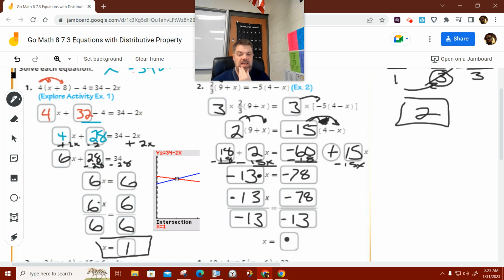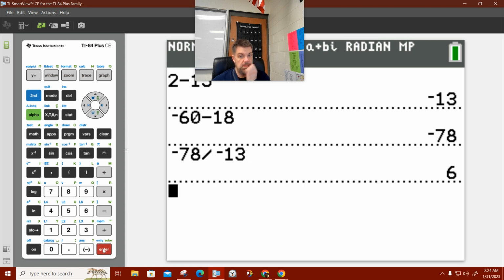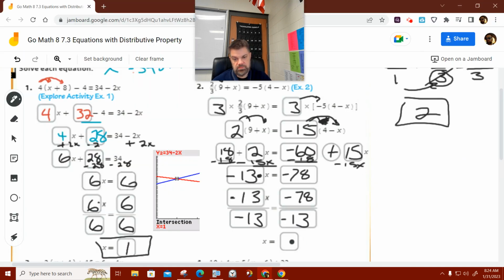Guess what? That divides evenly. Now, here's another one. If I don't know for sure, I'm going to say negative 78 divided by negative 13. If you get an error message, you accidentally hit a subtraction symbol when you shouldn't have. Positive 6. That's the answer on that one.